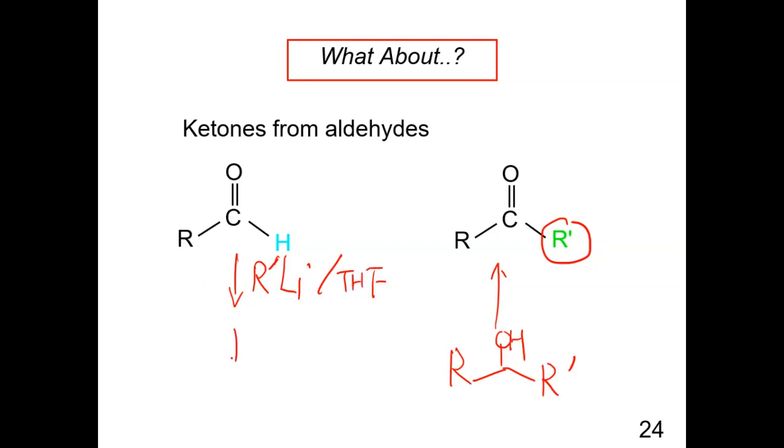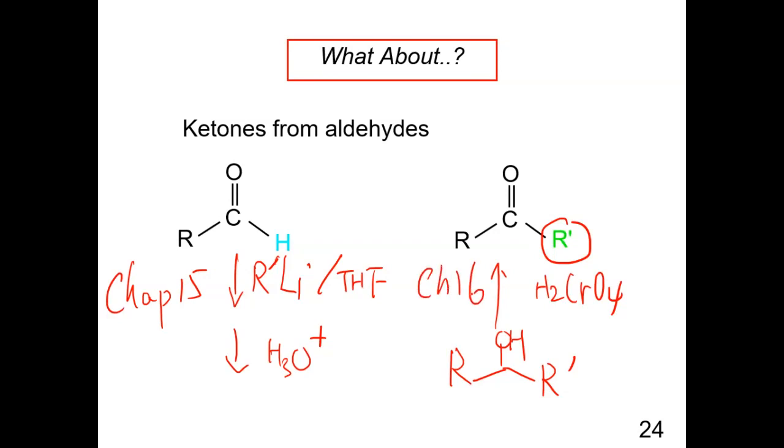That's the first step. Then you add acid and you will get that. So that's basically how you're going to do this kind of conversion. This is chapter 15 content. This is chapter 16 content.